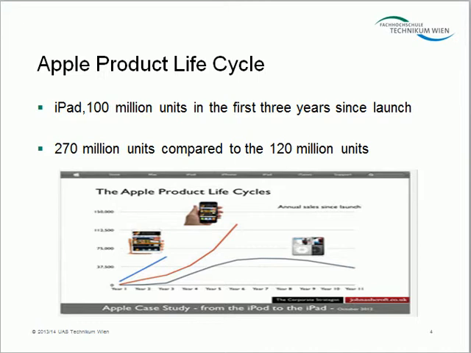In the growth stage, there is a rapid increase in sales, and competitors appear. In the maturity stage, industry sales slow, profit declines, and consumers either make repeat purchases or have tried and abandoned it. And the final stage, the decline stage, occurs when sales and profits begin to drop.